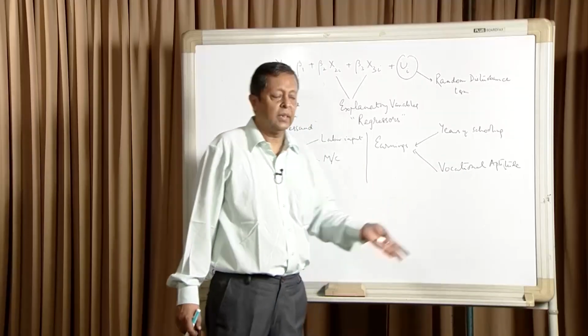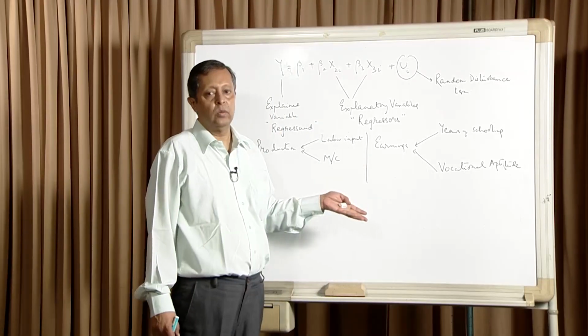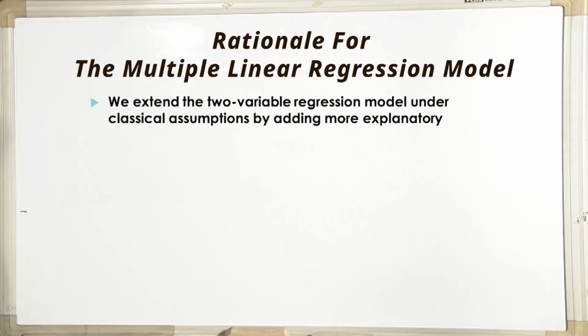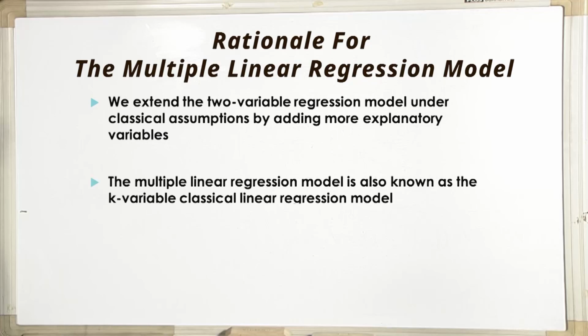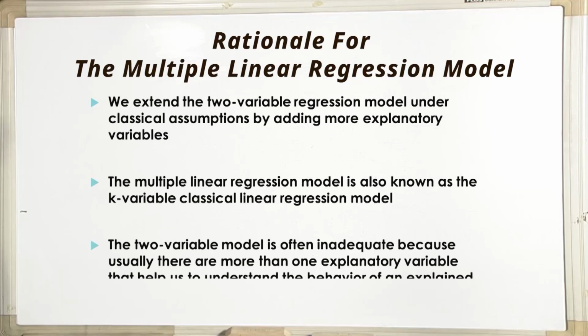We will now go further and deeper into the model. Now, let us look at the classical nature of the model. Why do we call it a classical model? Let us look at the assumptions that make the model a classical model.